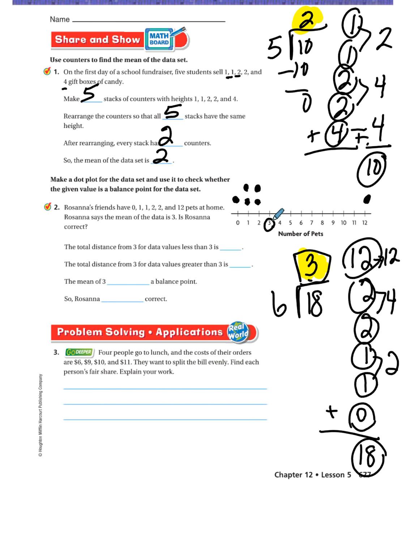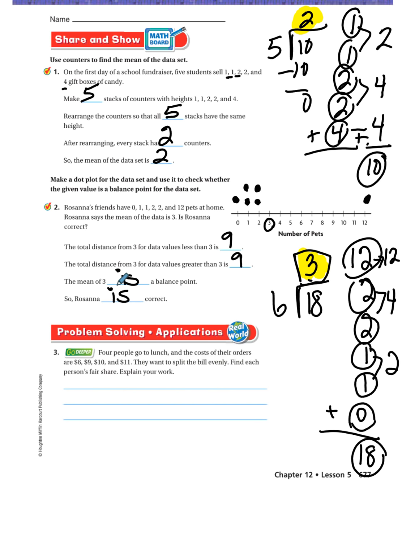The total distance from 3 for data values less than 3 is 9. And then the total distance from 3 for data values greater than 3 is 9. The mean of 3 is a balance point. So Rosanna is correct.